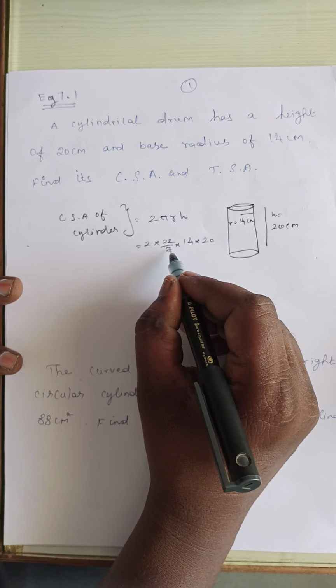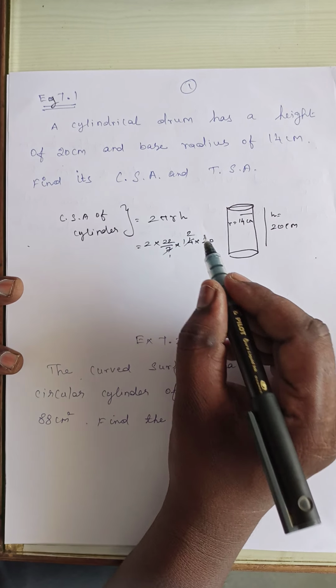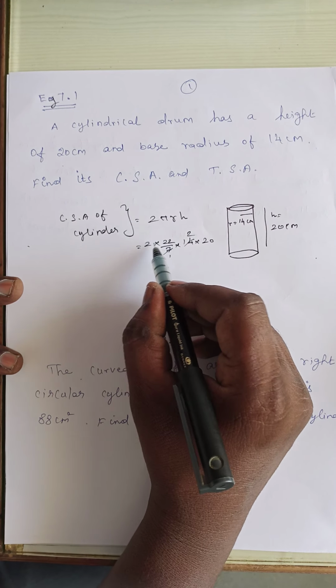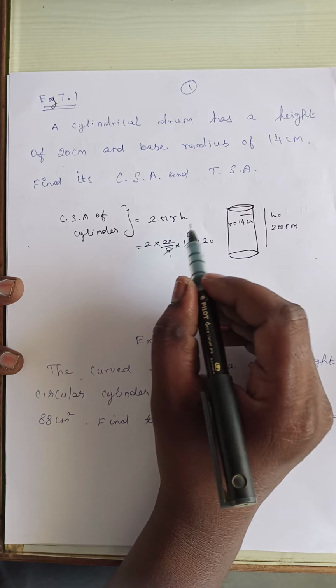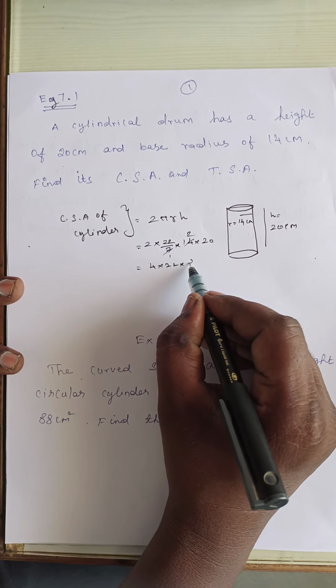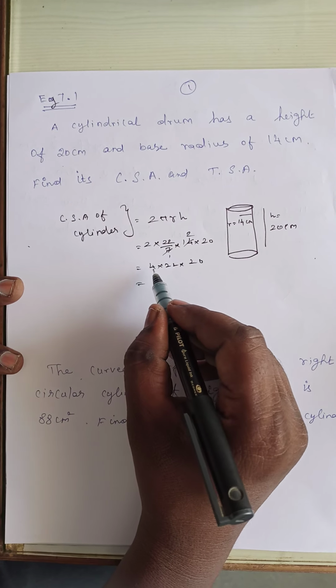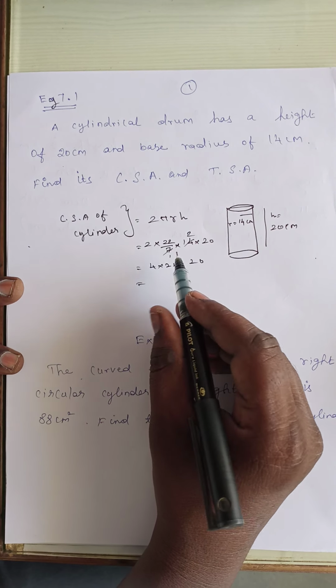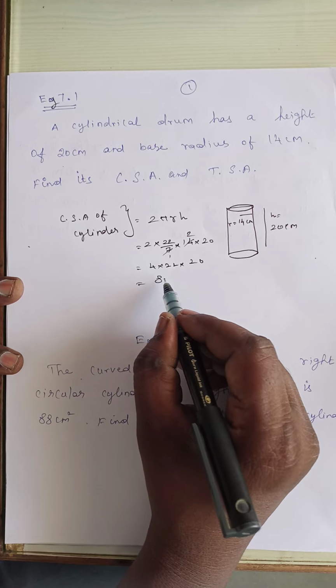For 7 table, it is 1 time and 2 time. Again, you should multiply, 2 2s are 4, 4 into 22 into 20. 4 into 22, we multiply and get 88.